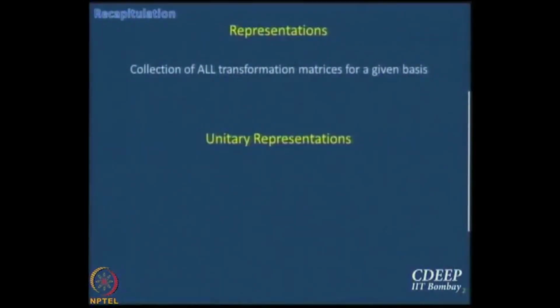A couple of weeks ago we went through some examples where we worked out the matrices and the representations using different bases. So, today we focus on a particular kind of representation, and that is the unitary representation. And what are unitary matrices? A inverse is A dagger.